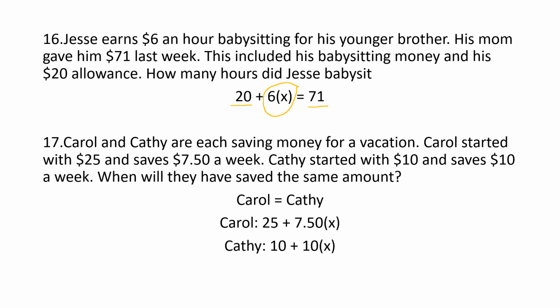Kathy started with $10 and saves $10 a week. So we have that base start plus their $10 per week, and then our x is going to represent how much they make a week. When will they have saved the same amount of money? So all I have to do, because it's same amount, they're going to be equal amounts. So I can say this equals this and solve for x.